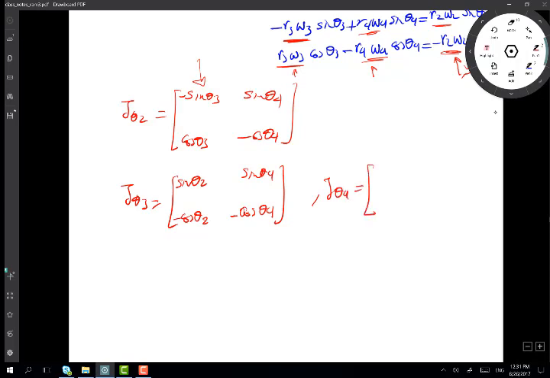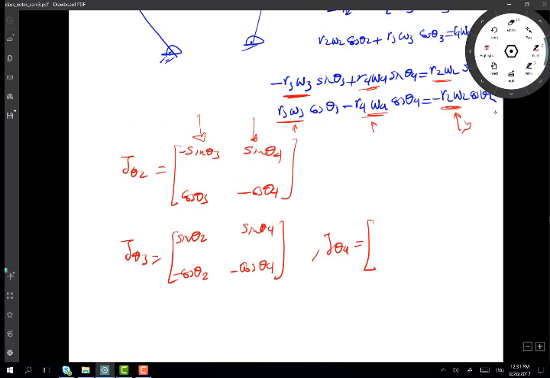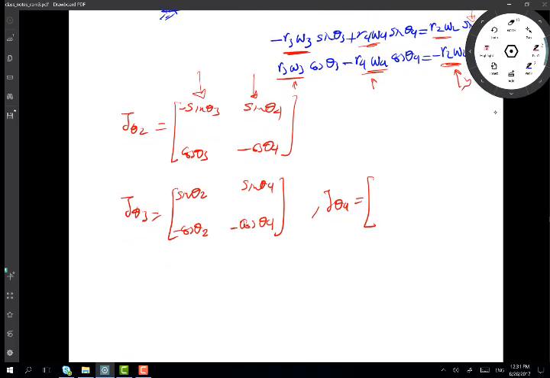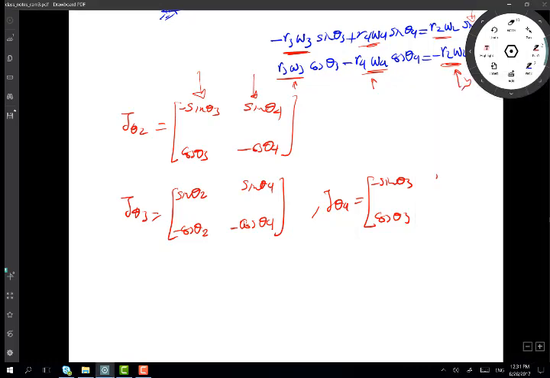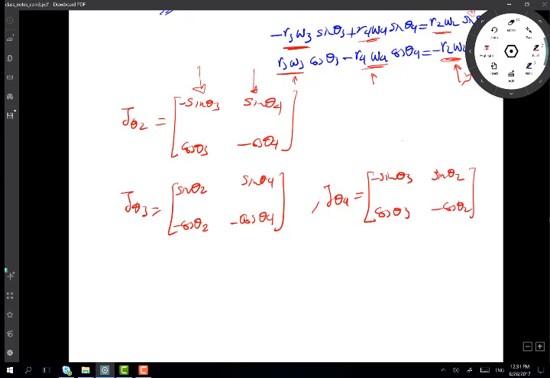If I replace this theta 4 by the values on the right hand side, I have minus sine theta 3, I have cosine theta 3, and here sine theta 2, and then minus cosine theta 2, and so these are my matrices.